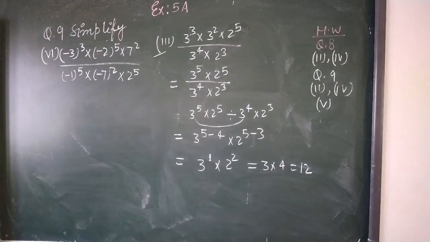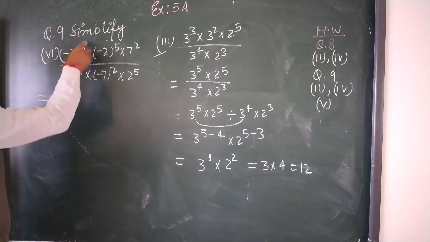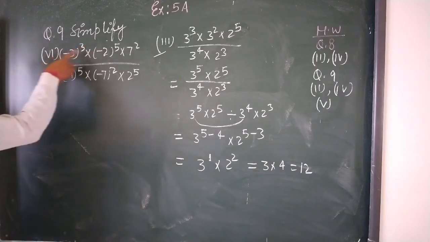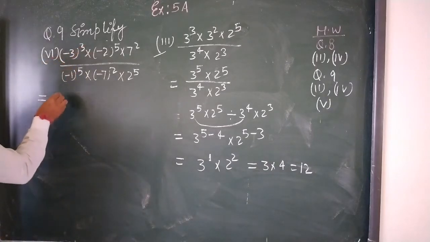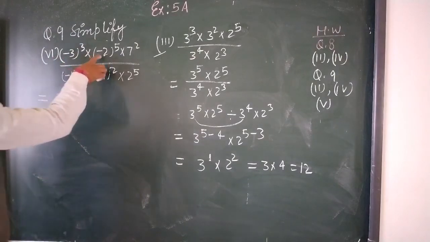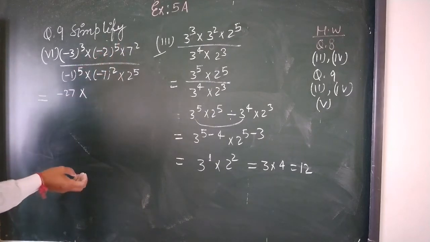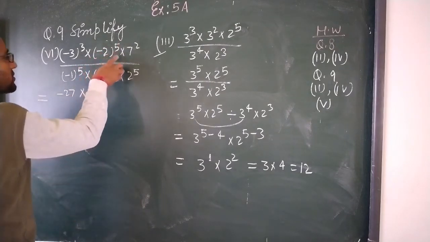In that, first you solve this one, minus 3 to the power 3. If you resolve this one, 3 3s are 9 and 3 9s are 27, with minus sign. Okay, and here you see this one, minus 2 to the power 5: 2, 4, 8, 16, 32. Here is also a minus sign.